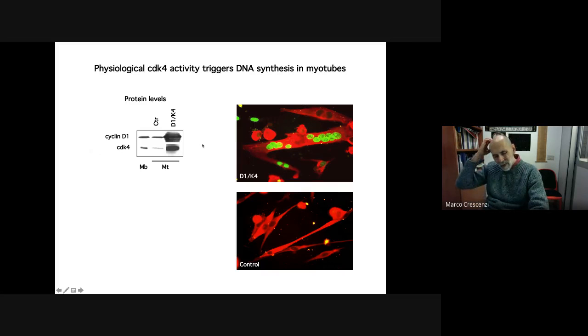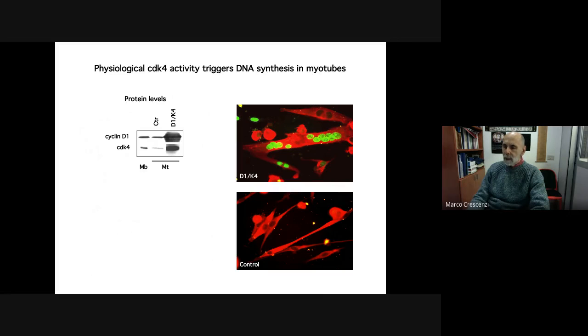So one problem we had in mind was that perhaps this was a totally artificial situation that we made up in the laboratory, which had nothing to do with the physiology of these cells. A laboratory trick that told us nothing about the physiology of the cells.